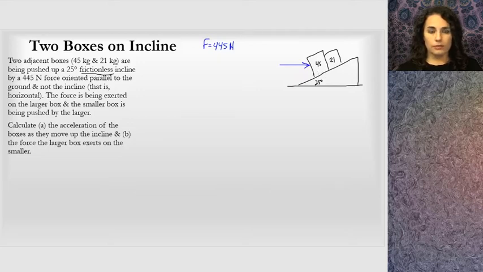You can kind of get the feeling maybe that the blocks will accelerate parallel to the incline only. And that means that a coordinate system would have to be oriented parallel to the surface of the incline along with the acceleration. So there would be a coordinate system.